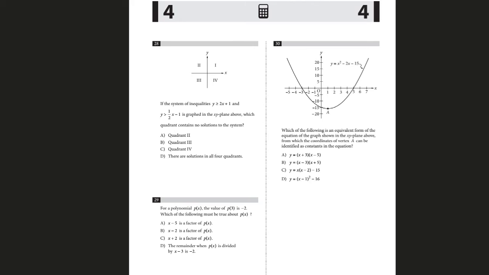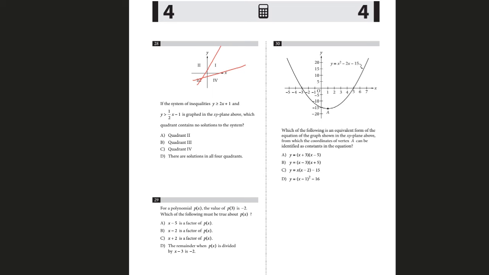If the system of inequalities y is greater than or equal to 2x plus 1, so let's just draw this out, right? 2x plus 1 is going to look something like this. And half x minus 1 is going to look something like this. Actually, just a second, I'm going to make this a bit steeper, and this is the half x minus 1 line.